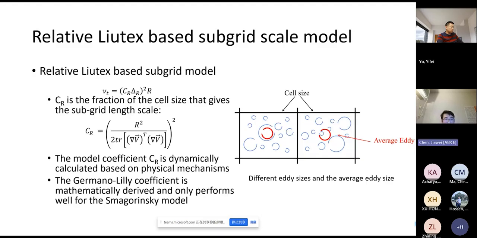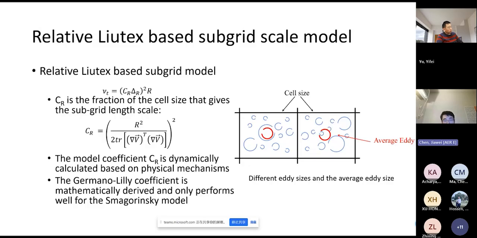A crucial innovation in our model is the model coefficient CR, which determines the subgrid length scale. Unlike the Germano-Lilly coefficient, which is mathematically derived and performs well only for the Smagorinsky model, CR is dynamically calculated based on physical mechanisms of the actual flow.